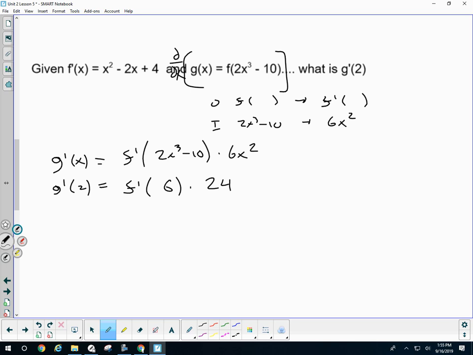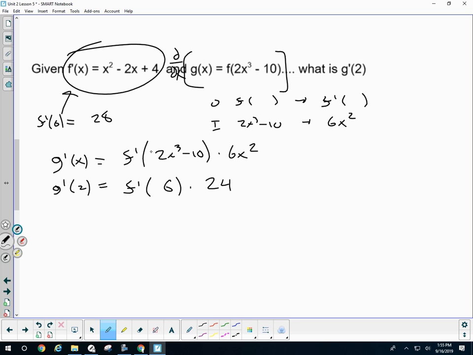But now I need f prime of 6. Well, look at what they gave me. They gave it to me at the beginning of the question. I don't have to use it till the end. F prime of 6, I get by plugging in 6: minus 12 plus 4. So it's 24 plus 4, 28. I don't want to do these calculations.